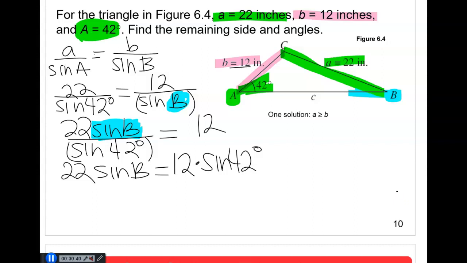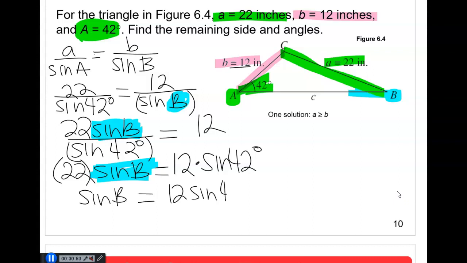Now, we're still trying to isolate sine of B. So you can see here how 22 is multiplying to it. So to solve for sine of B, is going to be 12 times sine of 42 divided by 22. And then remember how our goal is to solve for the angle.